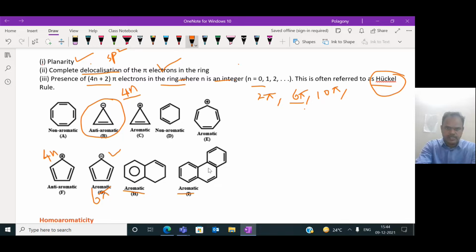Delocalization of electrons is possible in this. There is an alternate double bond also present, a planar molecule, obeying Huckel's rule, so this also has aromatic character.